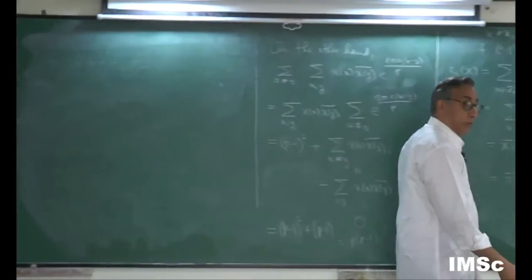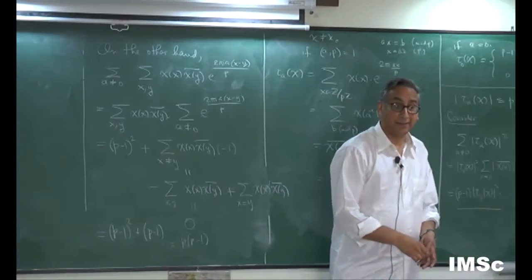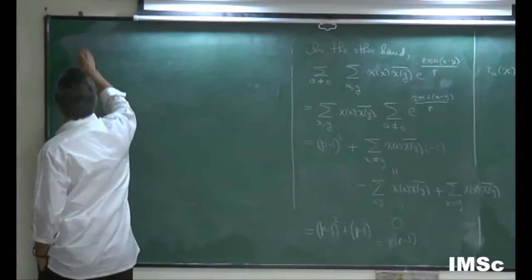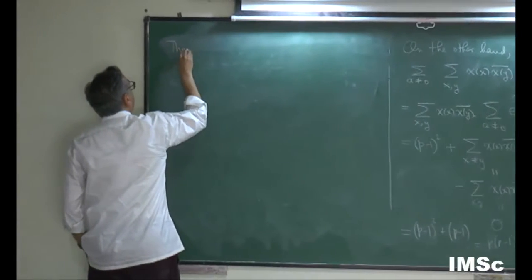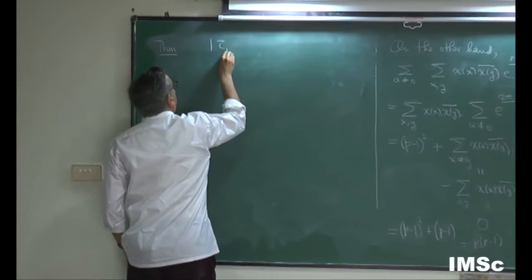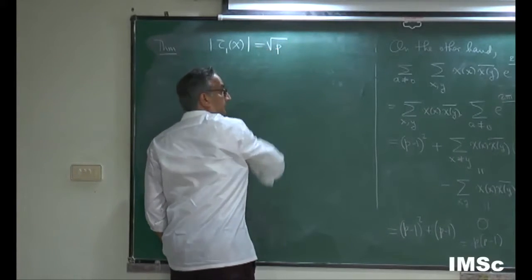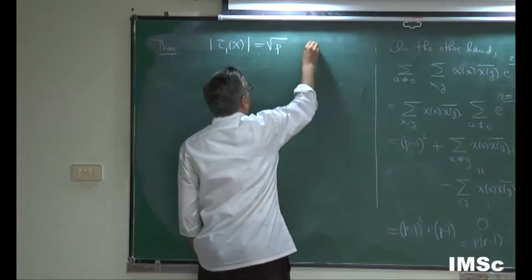Maybe they're all equal to root P, right? So we've proved a theorem: tau 1 of chi is root P when chi is not the trivial character.